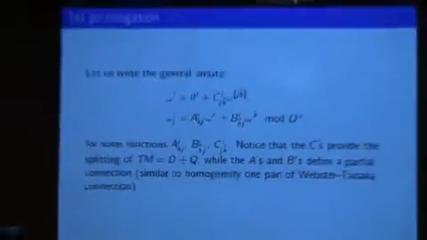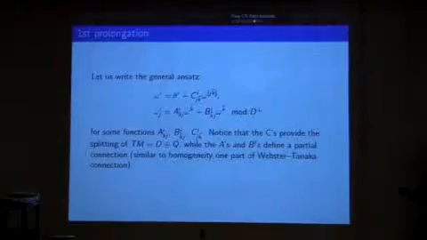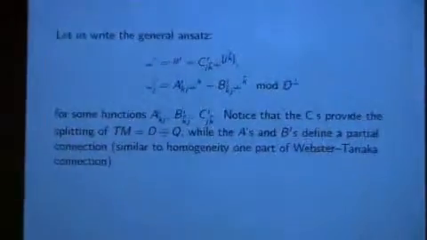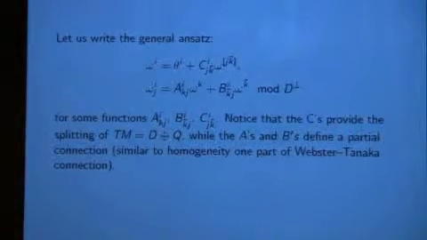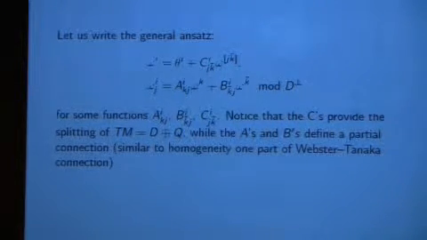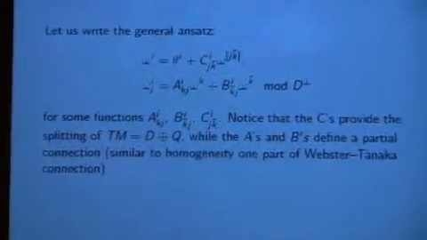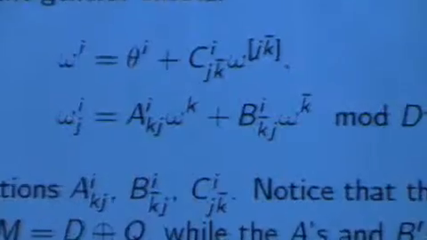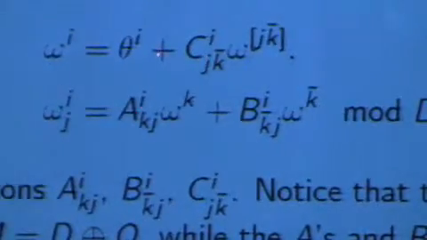Now, if we take just the general thing we can think of, so how to change the omegas to make them more right, well, actually the C's are a way to describe a choice of the complementary n-square dimensional subspace. So that's the meaning of C's.